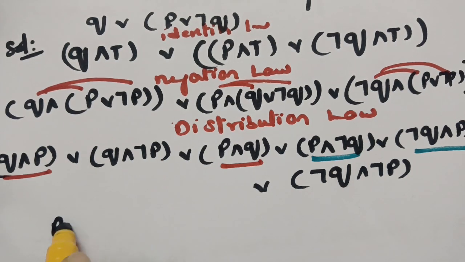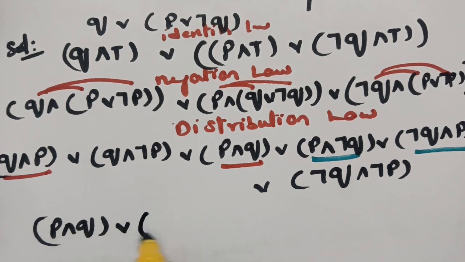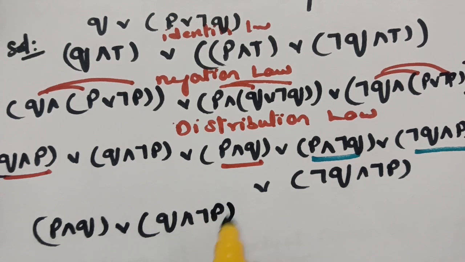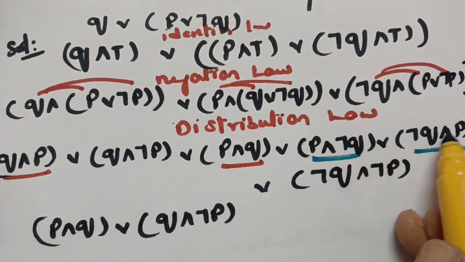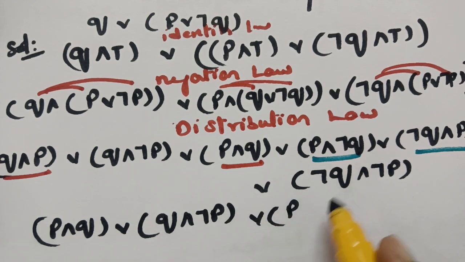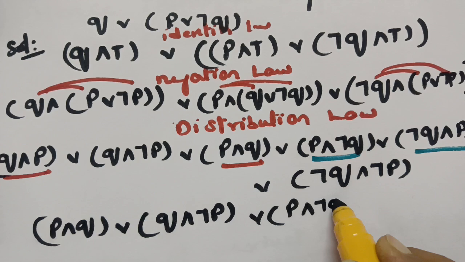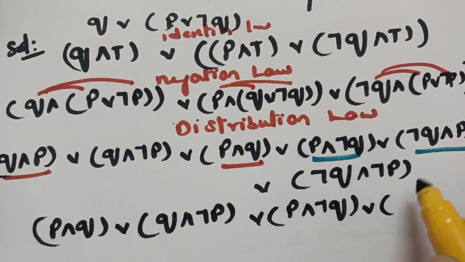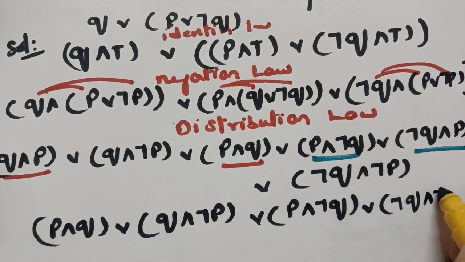That is P and Q, we can write it for one time, or this is Q and negation P. And instead of writing these twice, I am using the idempotent law and writing it one time. That is P and negation Q, or this is negation P and negation Q. This is negation Q and negation P.